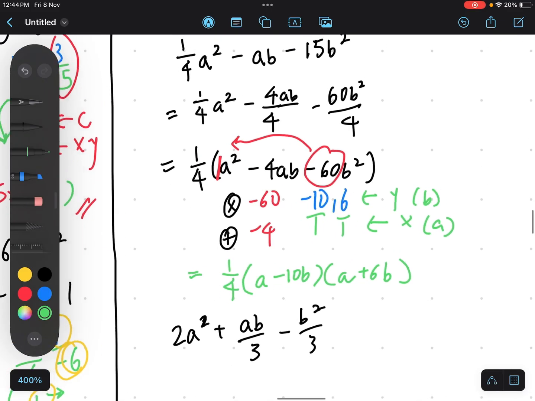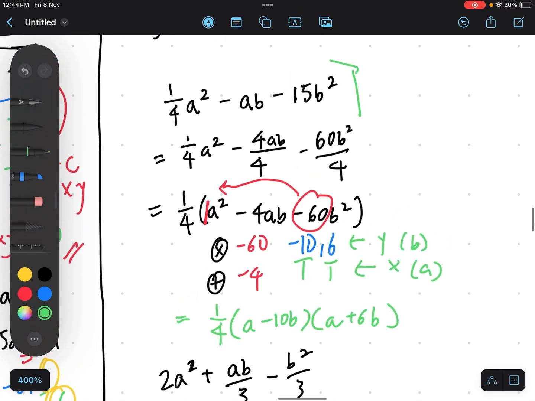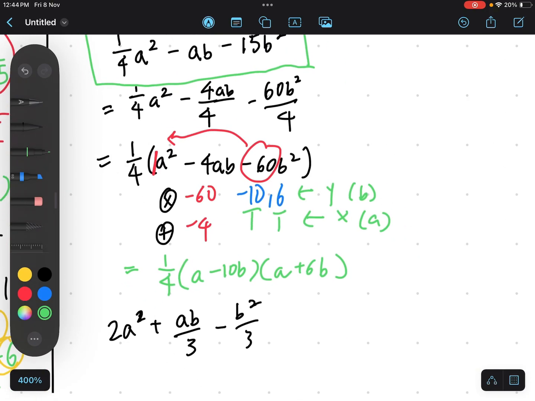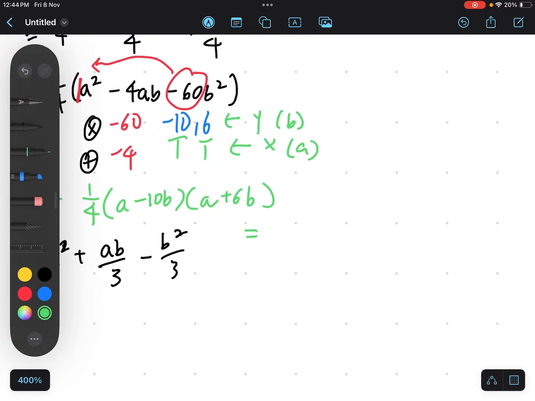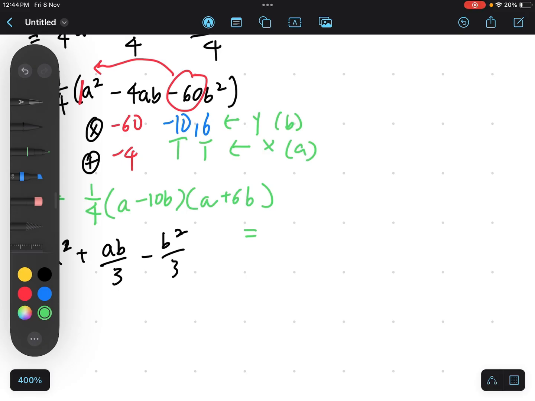And then here you really want to just look at this top one again. And you know it's 1/4 a squared, so it'll be 1/4 a times a. And so you would want to put 1/4 into one of these, either one of these. That makes sense. So I'll put 1/4 into this one.